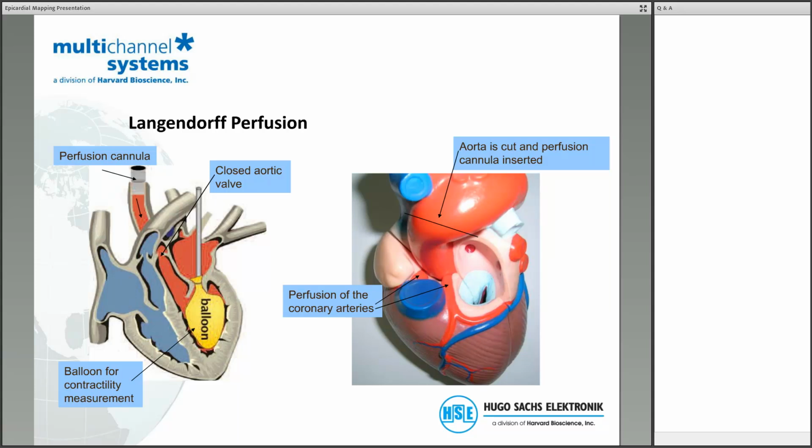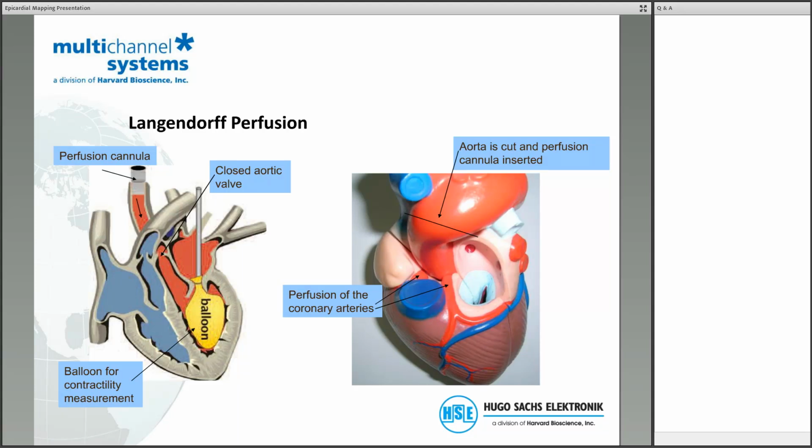As mentioned, I would like to begin with the setup for the Langendorff system. And I think one of the keywords really is that it is a retrograde perfusion. So what we are doing here is you have the perfusion inserted into the aorta.